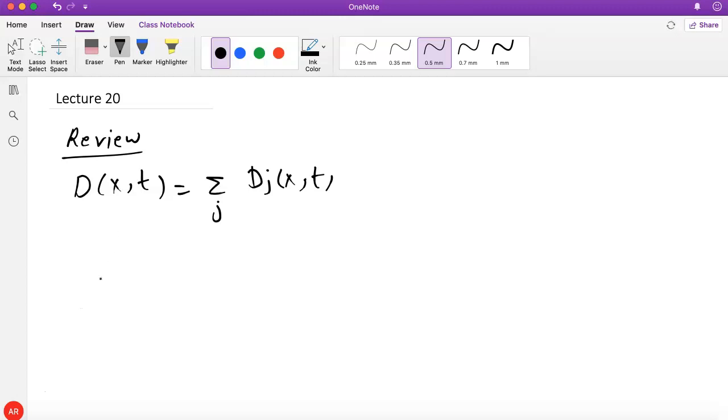A particular example we looked at was two sinusoidal waves, one traveling to the right and another with the same wavelength, same amplitude, traveling to the left.